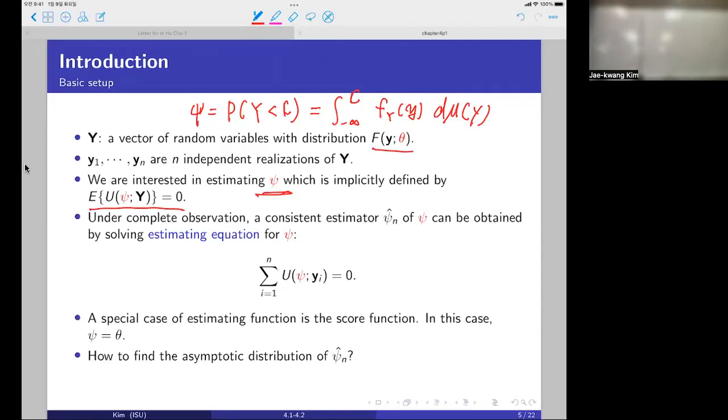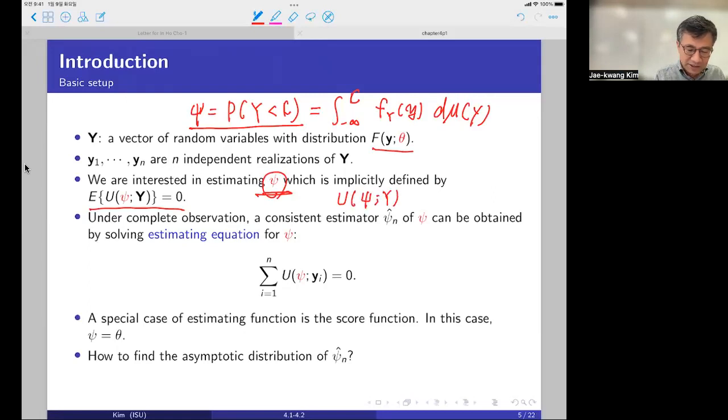So if you are only interested in computing this kind of parameter, then you can just create a function.